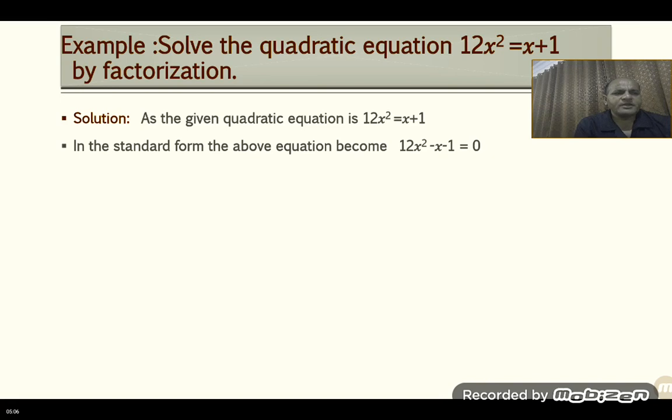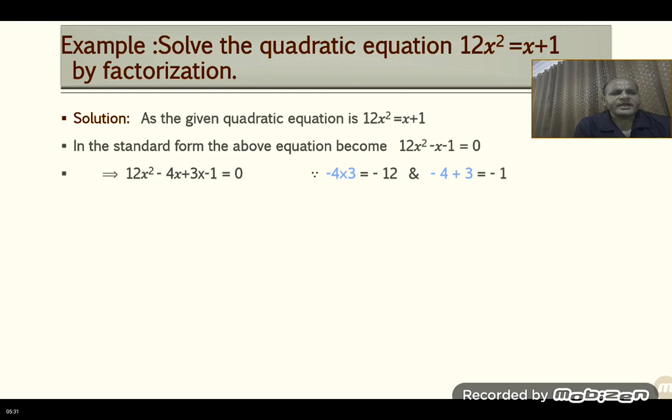Now we will split the coefficient of x, that is minus 1, into two parts such that their sum or difference will equal minus 1 and their product will equal minus 12. So clearly those factors are minus 4 and 3, because minus 4 plus 3 gives minus 1 and minus 4 multiplied by 3 gives minus 12.